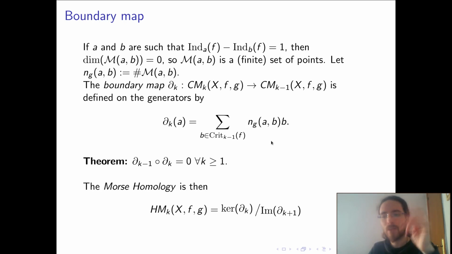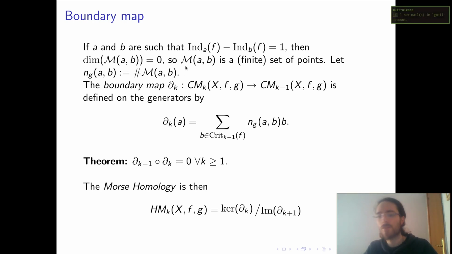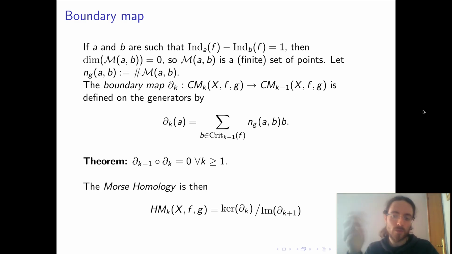So this is a valid expression because this is a way to define the boundary map on the generators, as this is usually done in boundary maps of a complex. It can be proven, this is also a complicated thing, that consecutive boundary maps compose to 0. So this is a proper complex. This is the crucial point.